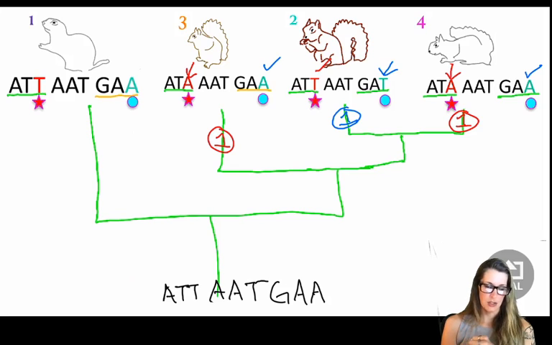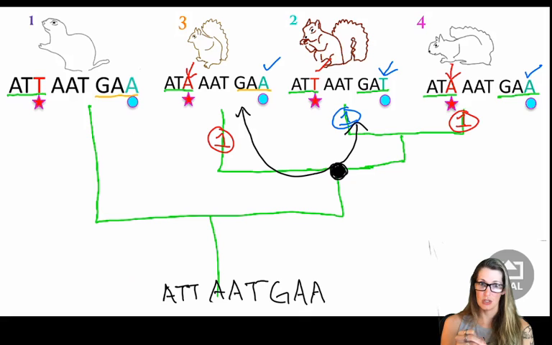If the ancestor that gave rise to this sequence experienced that change, and this one then experiences this change, then we have to have 3 changes.